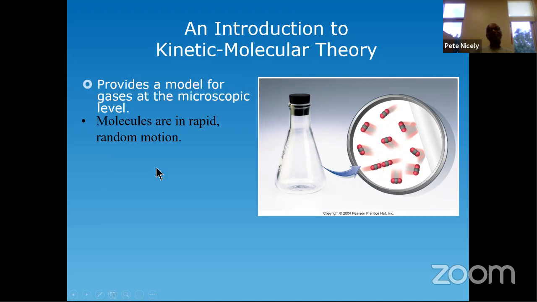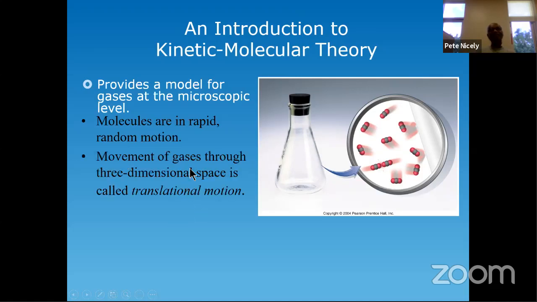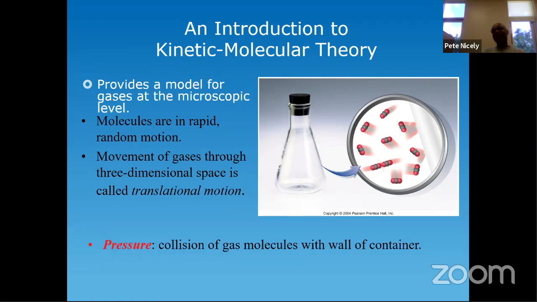The basic assumptions of this theory are that the particles are in rapid random motion, and the movement of these particles through three-dimensional space is called translational motion. There are other modes of motion that gas particles will undergo: you have translational, you have rotational, and you have vibrational when it comes to molecules.